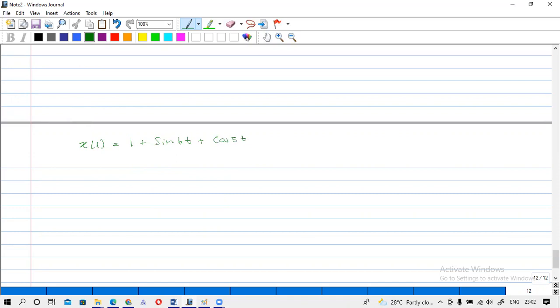So we have this kind of signal. Let's say this is cos 2t. Okay, we are asked to find the complex exponential Fourier series coefficients.